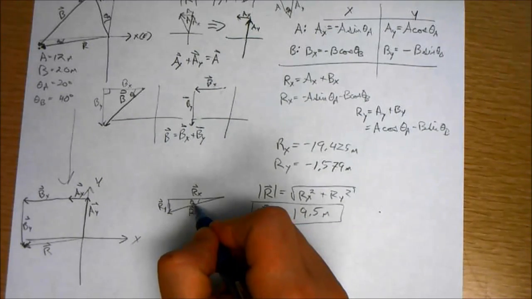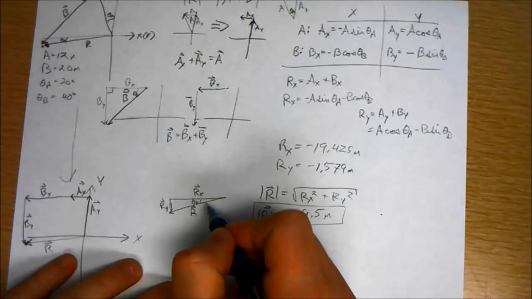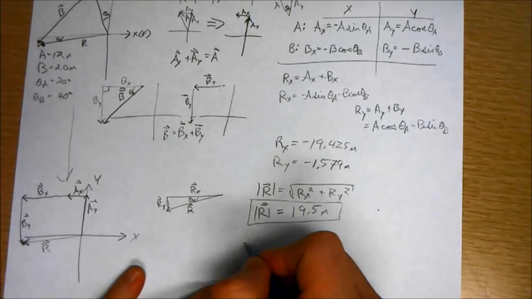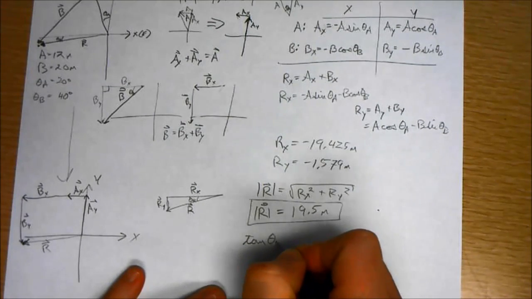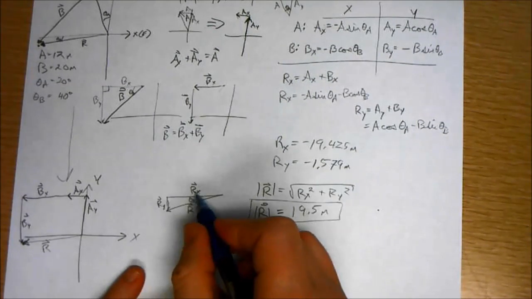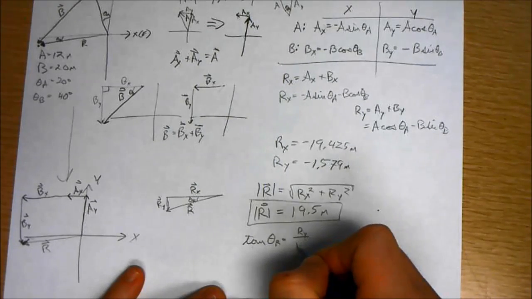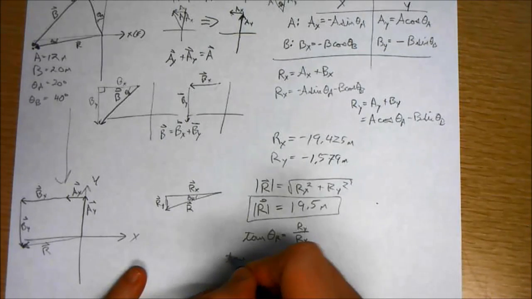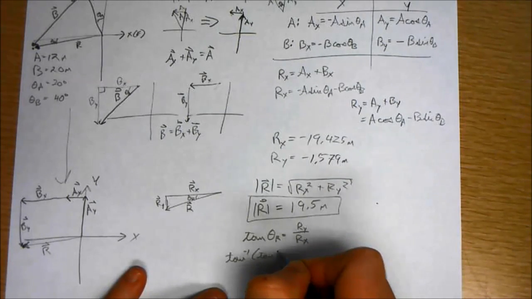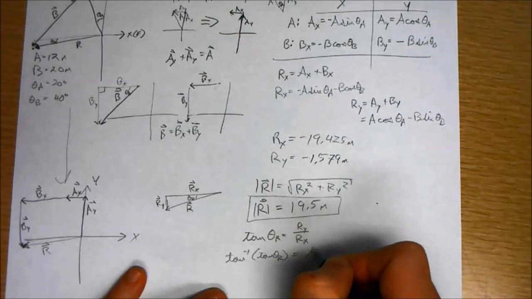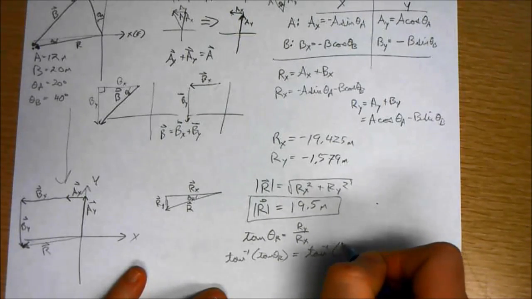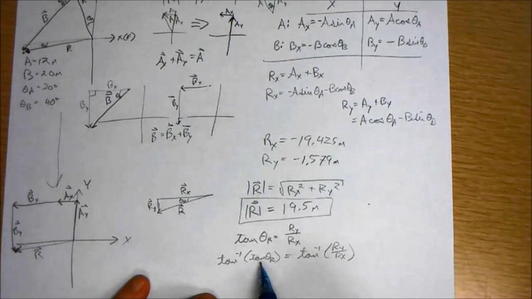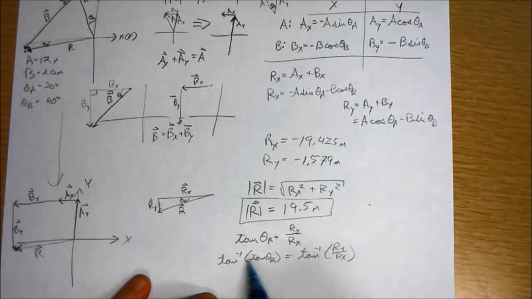So I need to find this angle, theta R, with respect to the negative x-axis. Tangent of theta R is equal to opposite over adjacent, Ry over Rx. Again, I'm just using magnitudes here. I can take the inverse tangent of both sides.